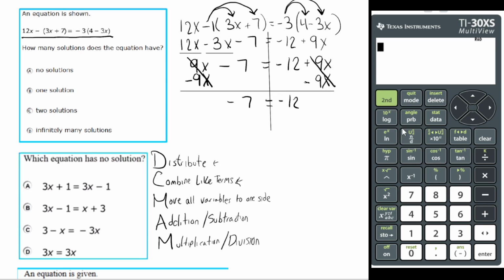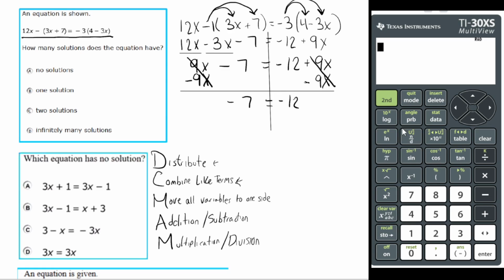That's usually when you have something like x squared equals 16, because remember, in order to get rid of an x squared, you have to square root, and every square root has two solutions, both a positive and a negative root. You have no solutions and infinite solutions, and that's when you solve your equation and you're left with no variables left.